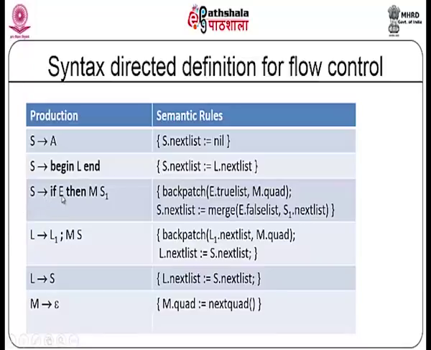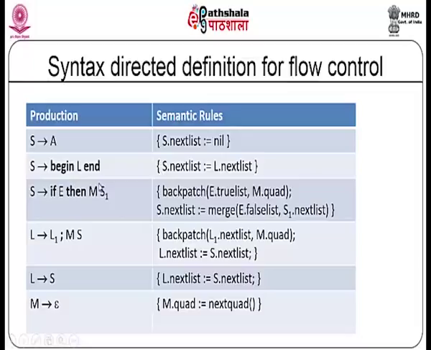Now, if it is if expression then M S1, again M is used to get the next quad information, the next line number information. What will I do? This is similar to the previous one. You backpatch E's true list with M dot quad, and you say S dot next list will be the merging of E's false list along with S1's next list.